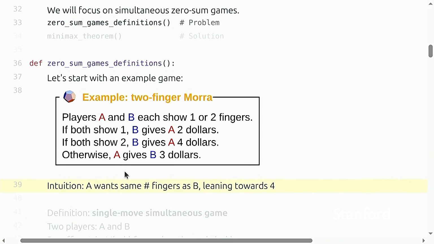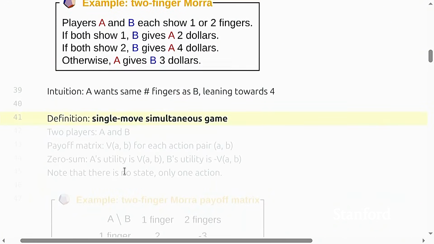All right, so let me introduce some formal notation. This is called a single move simultaneous game. It involves just playing the game, a single move, and you're done. There's no state. There are two players, A and B. We're going to define this payoff matrix, which is essentially going to be the equivalent of the value function or the reward function.